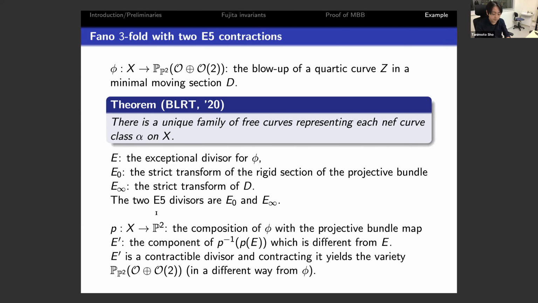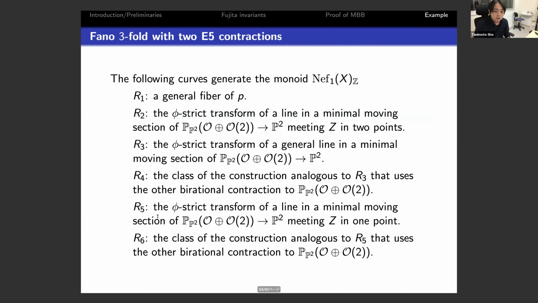Okay. And then we look at the following numerical classes of curves. First of all, we have a general fiber, and R2 is a strict transform of a line in a minimal movable section, meeting Z in 2 points. R3 is a phi strict transform of a general line in a minimal moving section of this projective bundle.